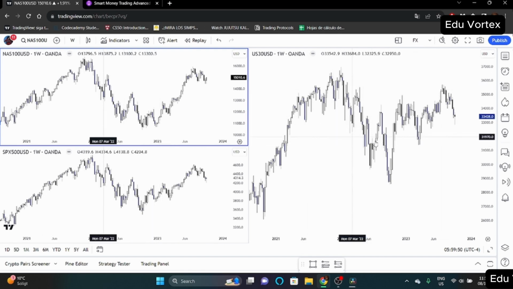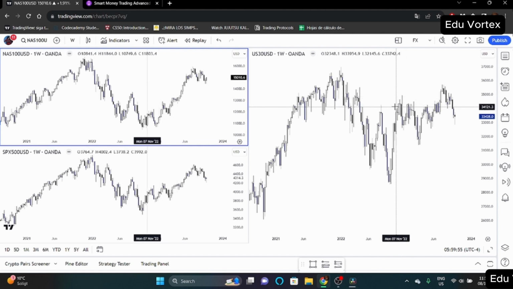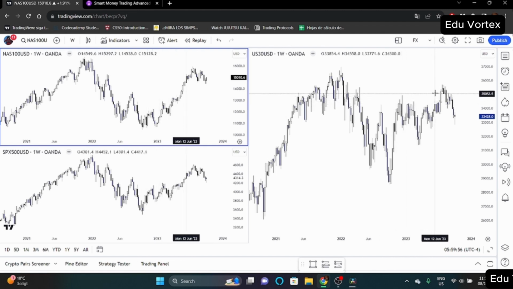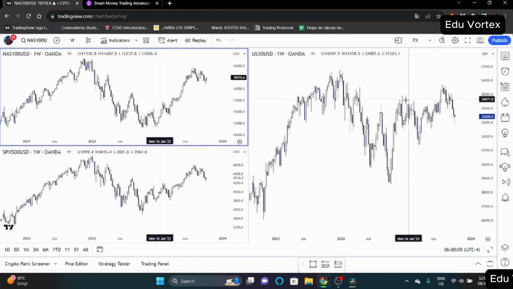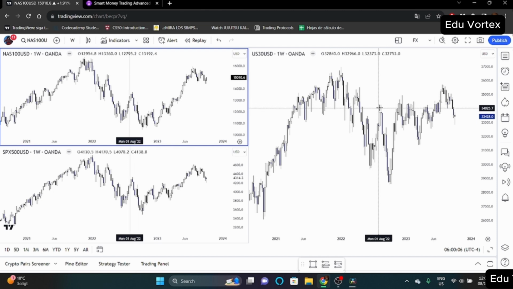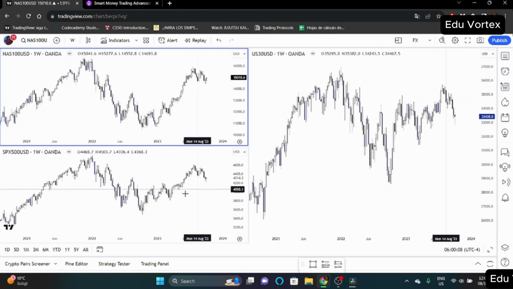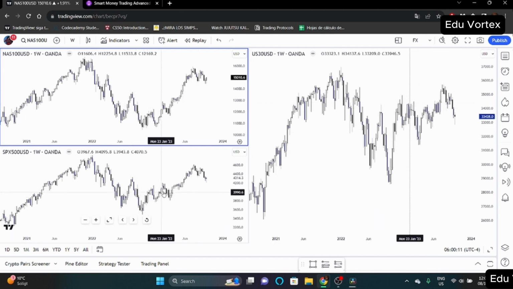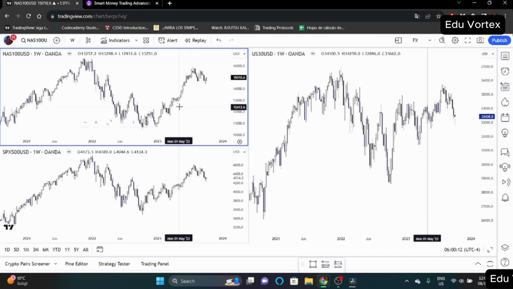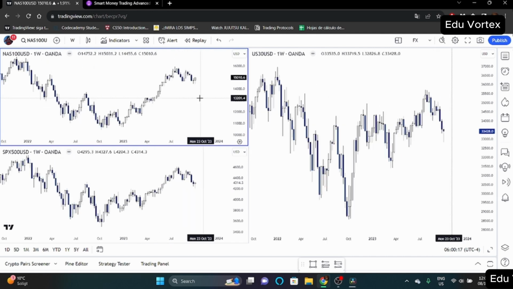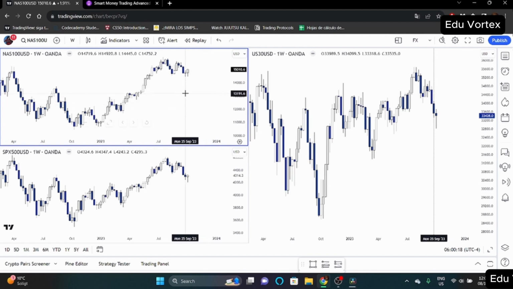Now look at this. What are we seeing here? Can we see anything? Look. In all this rally higher, they're all rallying together. They're all correlated, right? Now let's get a closer look.